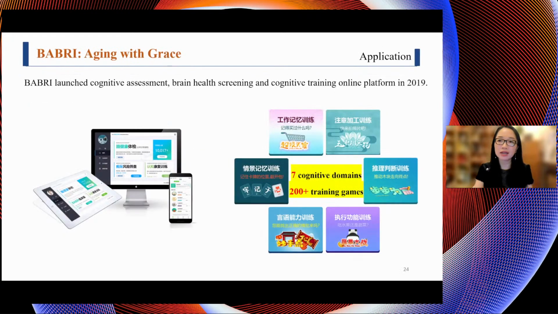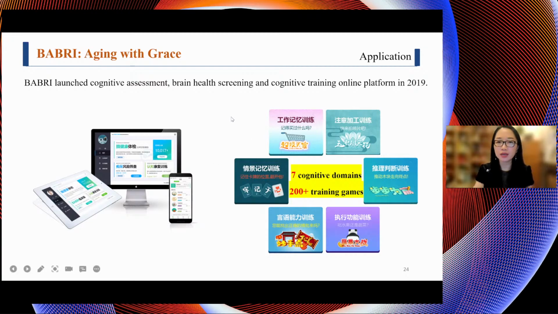The other part I'd like to introduce is our application, because besides our basic research, we translate our basic research findings into applications. So we launched our cognitive assessment system, and also a brain health screening and cognitive training online platform. You can use a computer, an iPad, or a mobile phone to get this brain health screening.